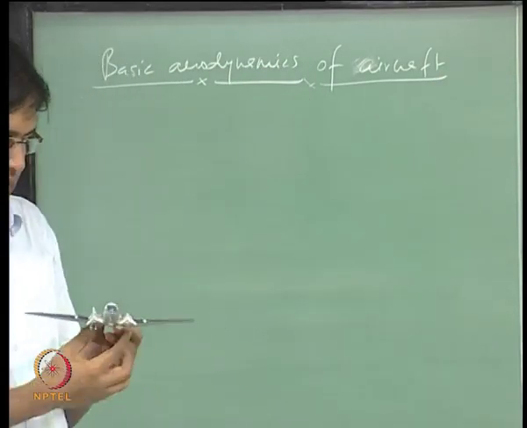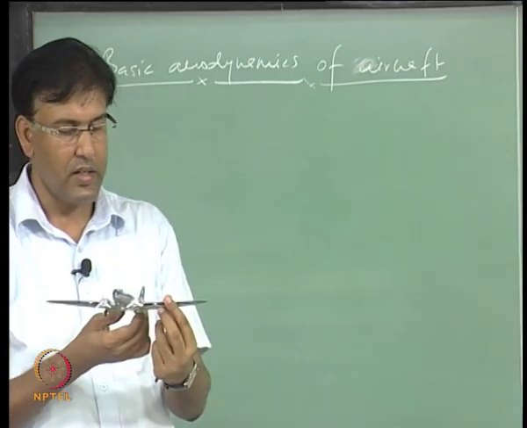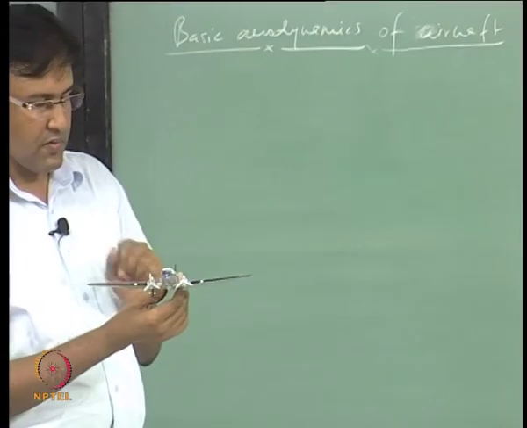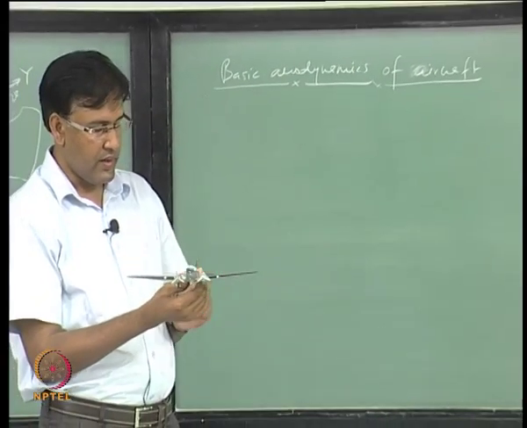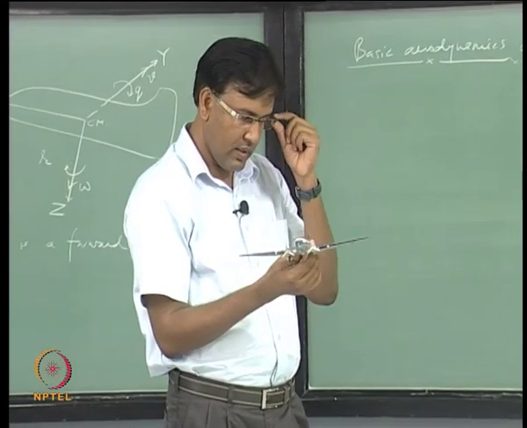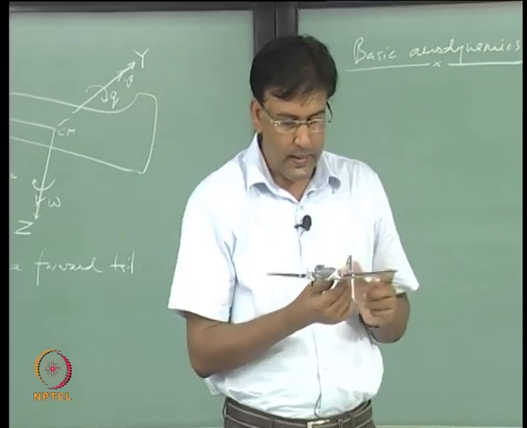So, aircraft actually consists of a lot of aerodynamic surfaces, of which you can see this wing, and the tail is also an aerodynamic surface, vertical tail and the horizontal tail.